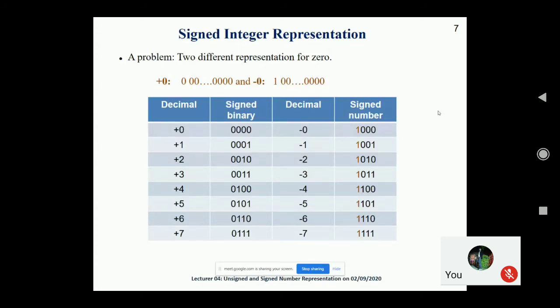Your concept is something different. At first, you assume that you are using the sign magnitude approach. Without any context, we cannot directly convert binary numbers to unsigned or signed integers.